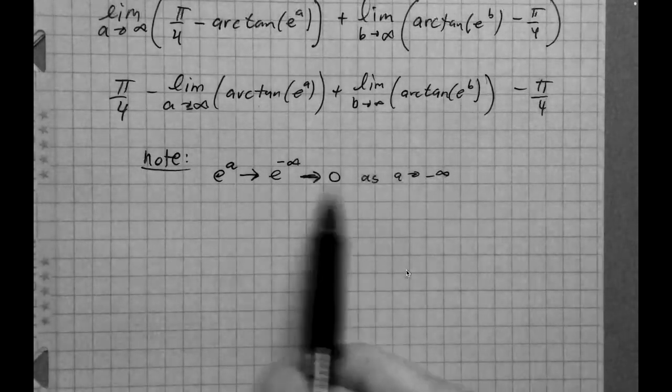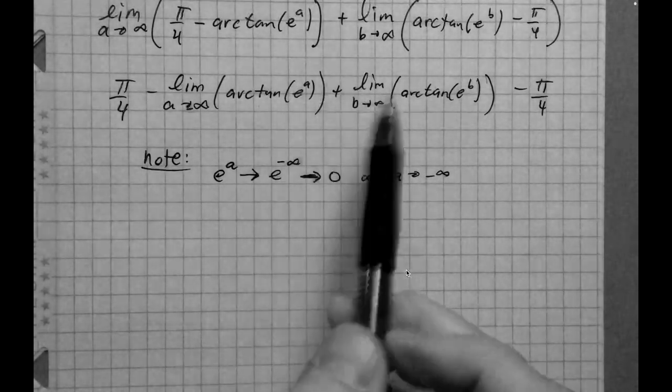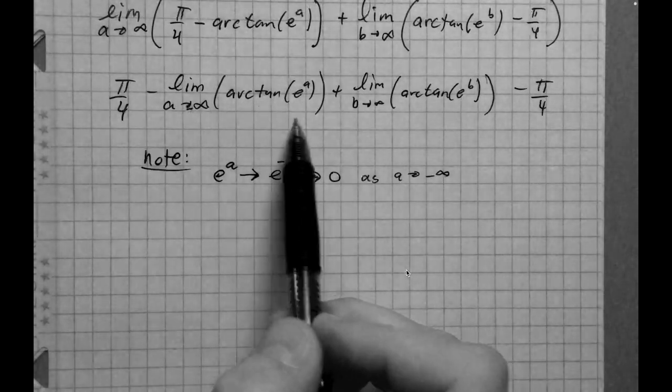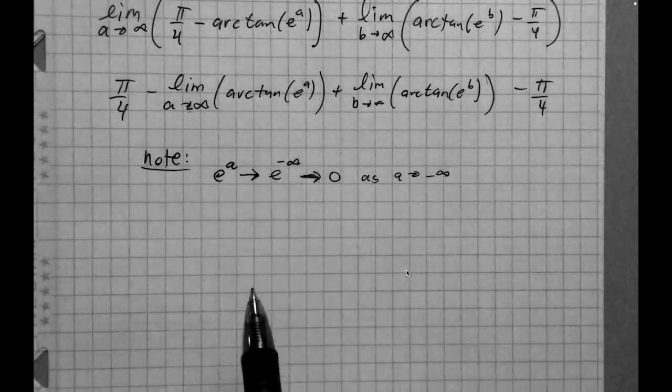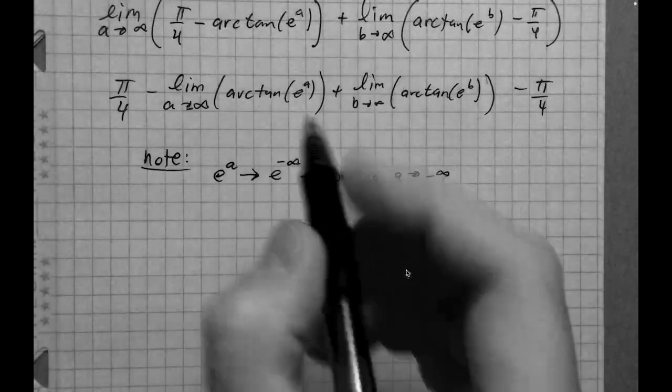Okay, and so what does that mean? All right, so this piece here is going to 0, which means the arctan is going to 0 as well, right?